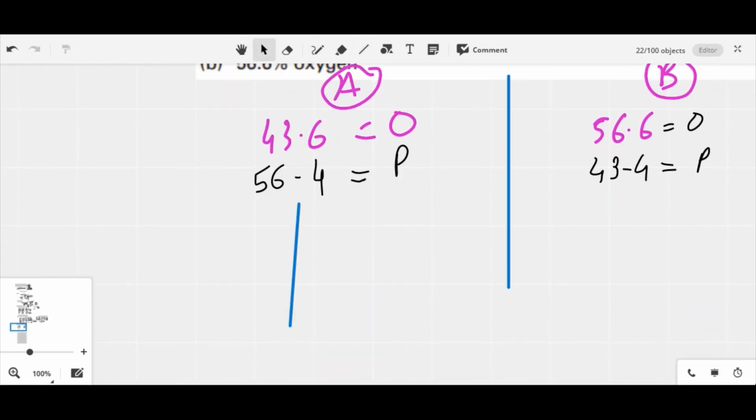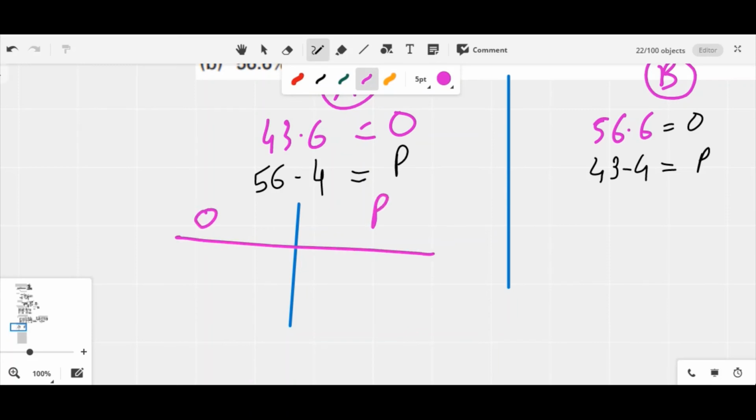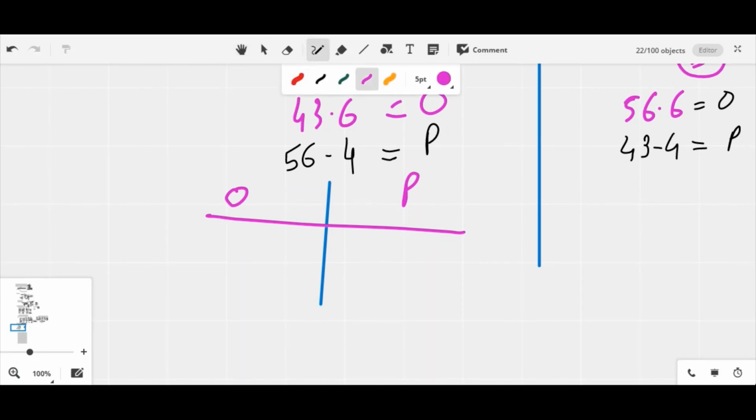So now again we need to find the oxygen and phosphorus moles. As the oxygen is 43.6 and phosphorus is 56.4, let's suppose these are grams. So now we need to find the moles of each atom.